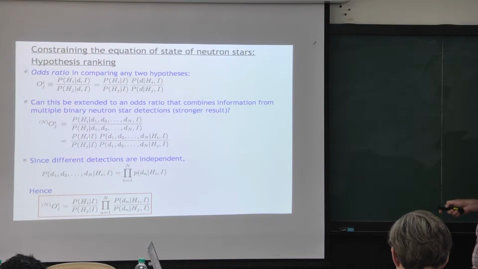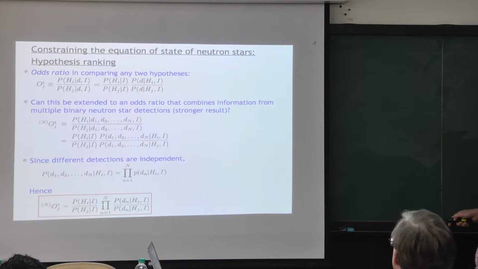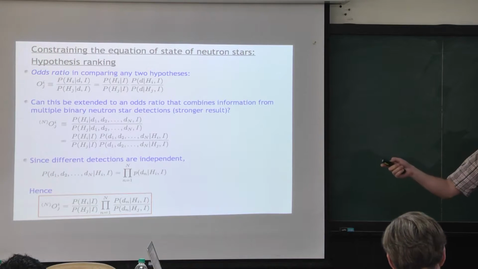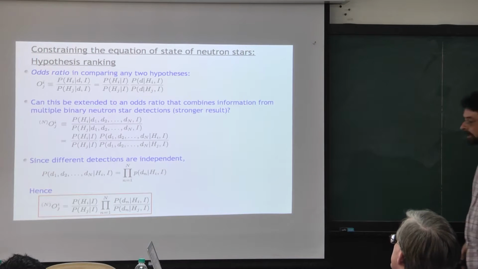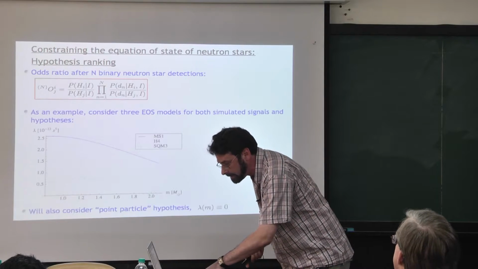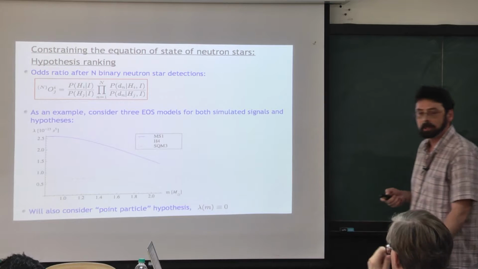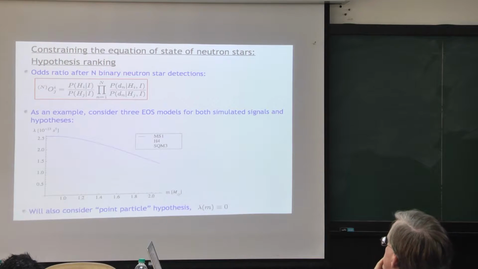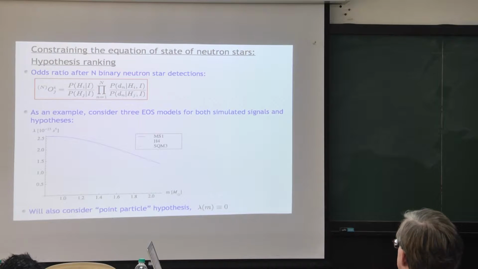So we're easily done here. The odds ratio for a whole set of detections is just, again, the ratio of prior probabilities, and then simply the product of the odds ratios for the individual detections, and that's it. So hypothesis testing trivially lends itself to combining information from multiple sources, and this is in fact what you need to do. So let's now go to an example.